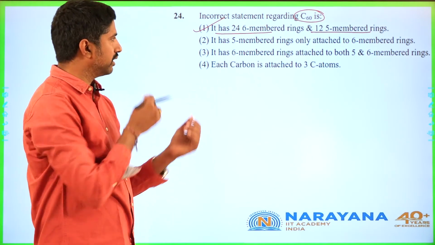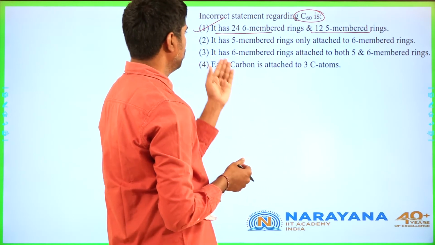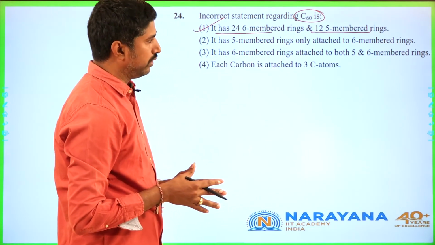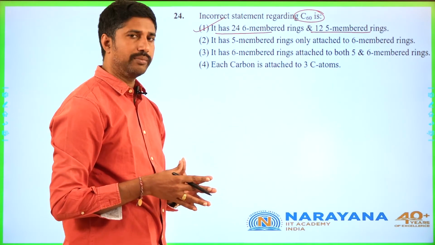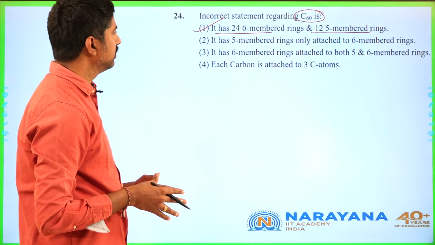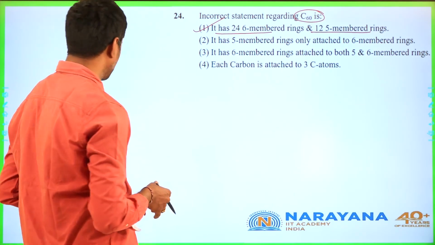The remaining statements: 5-membered rings are only attached to 6-membered rings, 6-membered rings are attached to both 5 and 6-membered rings, and each carbon is attached to 3 carbon atoms. Yes, it is. The remaining statements are all true except the first one.